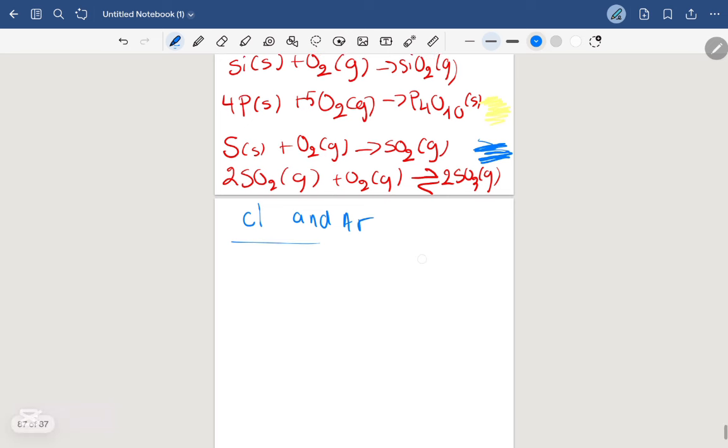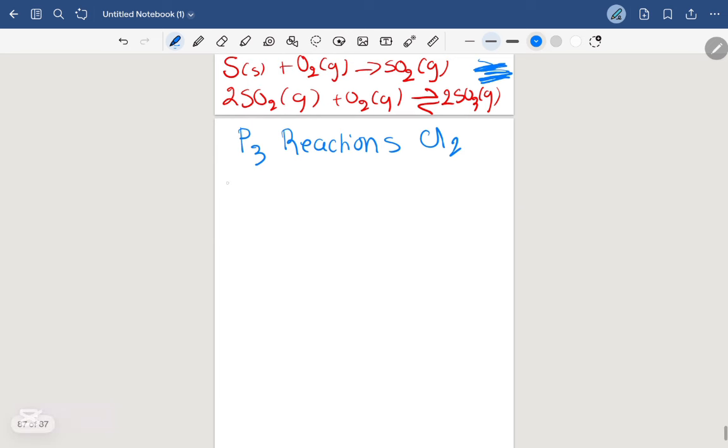Now, the next equation we have is the period 3 reactions with chlorine, with Cl2. I'm not going to explain how to do it. You guys should know how to do it by now. I'm going to write just the finalized answers. So 2Na solid, in addition to Cl2 gas, will become 2NaCl. Now, the reactions are going to be decreasing as we go down the group.